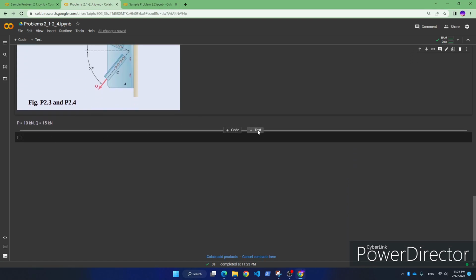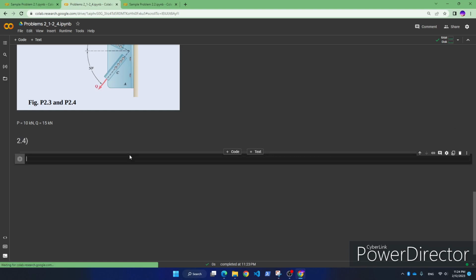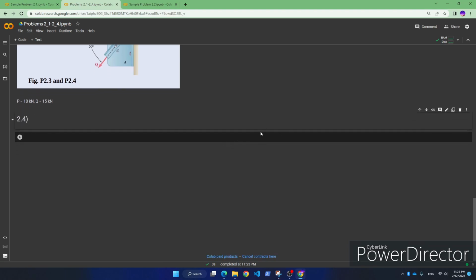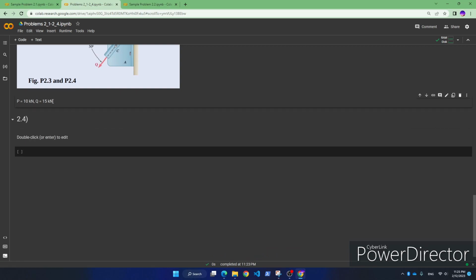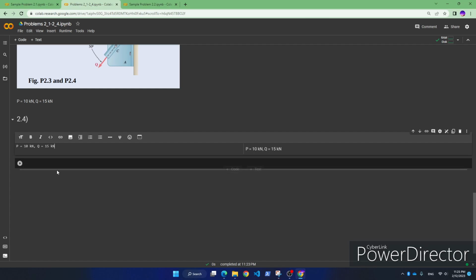However, for 2.4, it's the same image, but the forces are this.